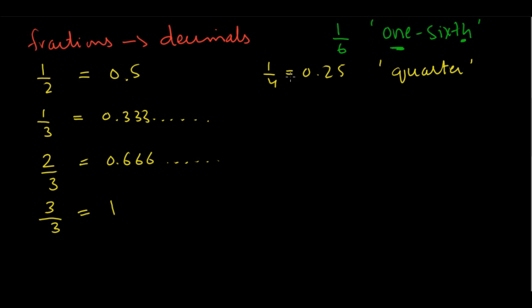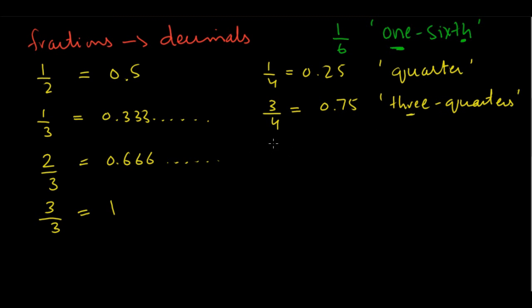And for the fraction with 4 in the denominator, 3/4, that's 0.75. In words this would be called three quarters. It's basically that I have quarters, but I have 3 of those, right?